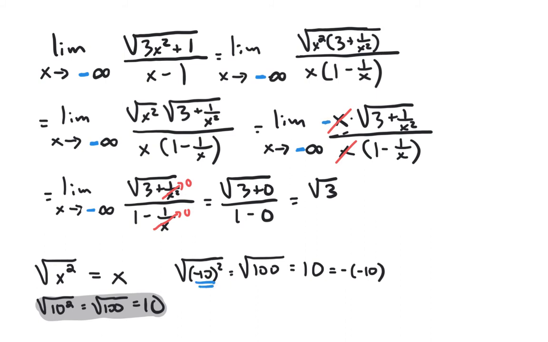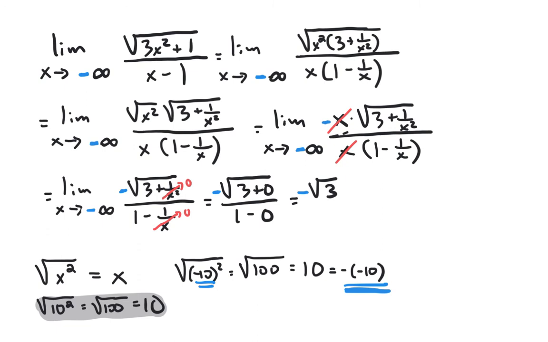Remember, if we're taking the square root of negative 10 squared, we end up with negative 10. So to account for that, we need to say that this is negative x, since we're plugging in negative values. And in that case, we're just going to introduce a negative sign here and here and here. So the answer as x approaches negative infinity is negative square root 3.